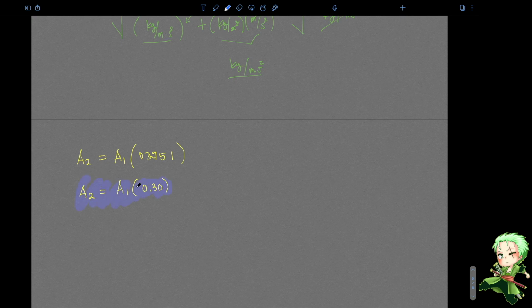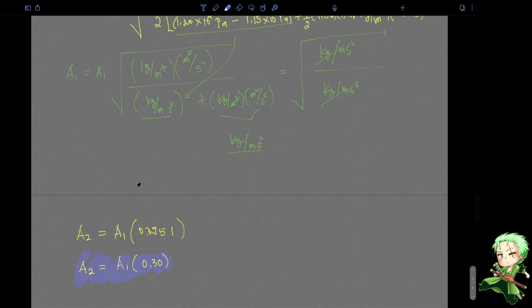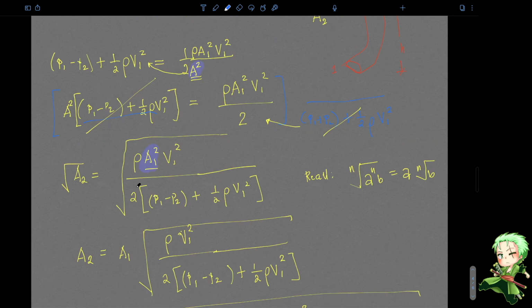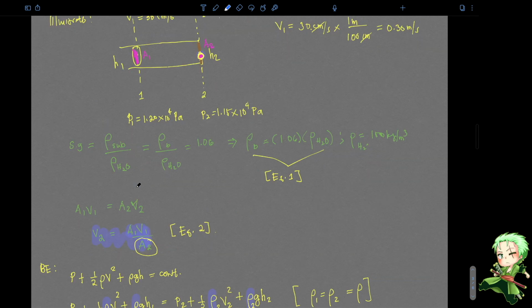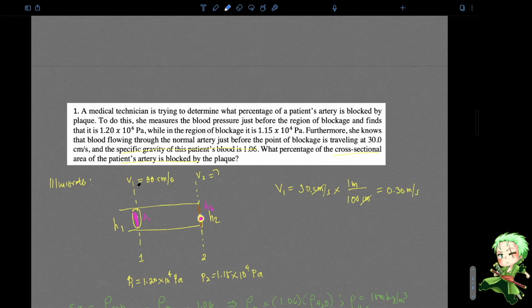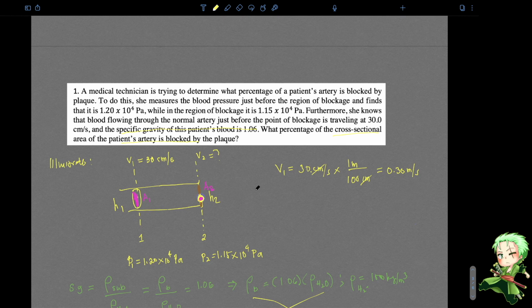If we go back to the illustration, what you actually get from your solution is A2 equals 0.30 of A1. That is trying to tell you that A2, the small cross-sectional area, is just 30% of the original cross-sectional area A1 of your artery.